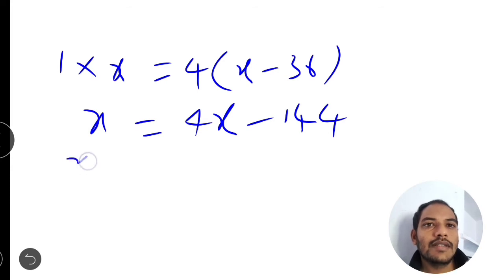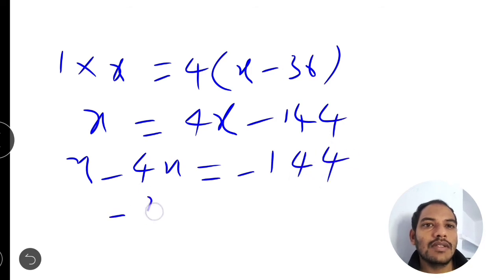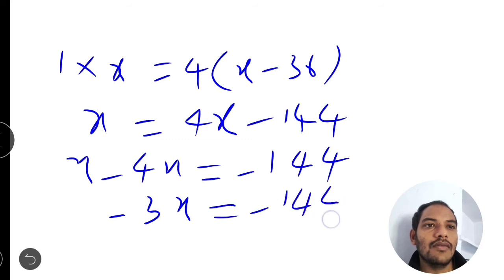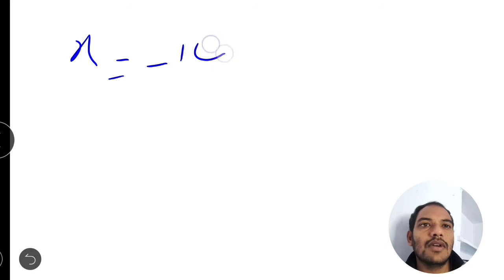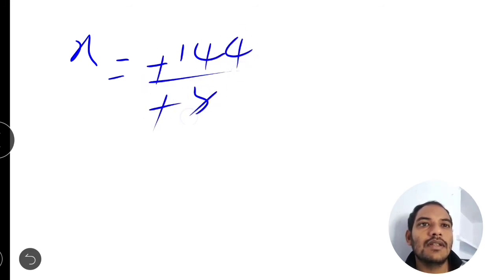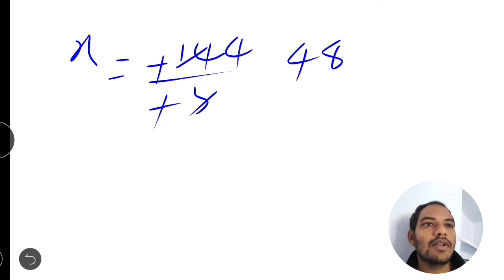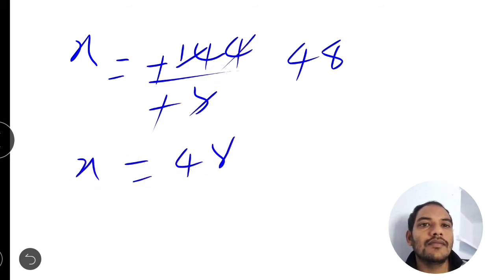So now x minus 4x equals minus 144. So minus 3x equals minus 144. Then x equals minus 144 divided by minus 3. Here the minus signs cancel, 3 ones are 3, 3 fours are 12, 3 eights are 24. So x equals 48.